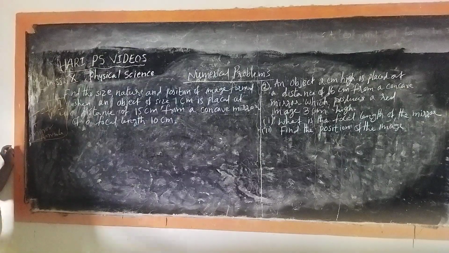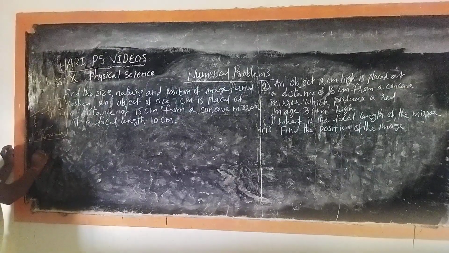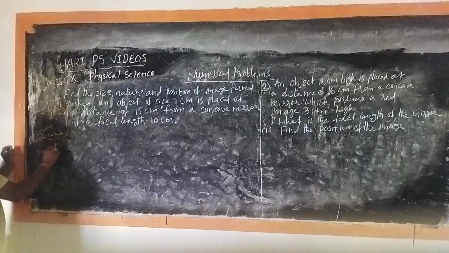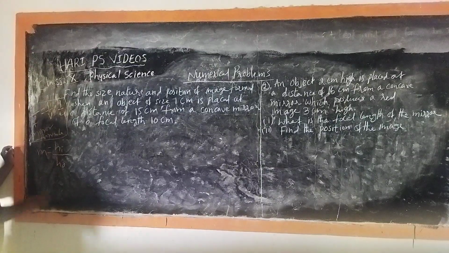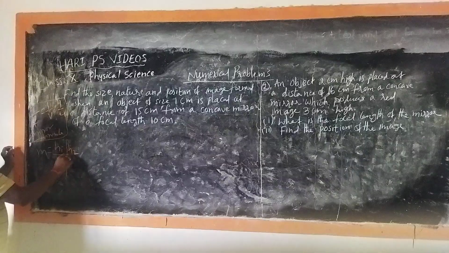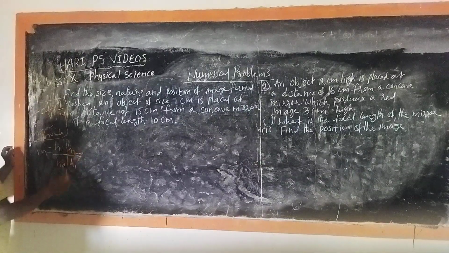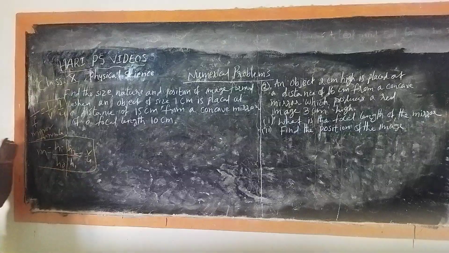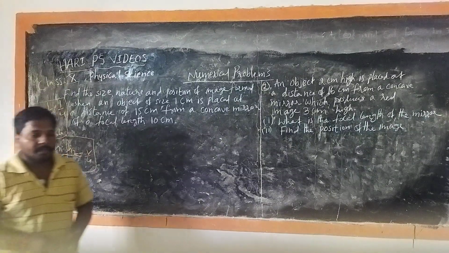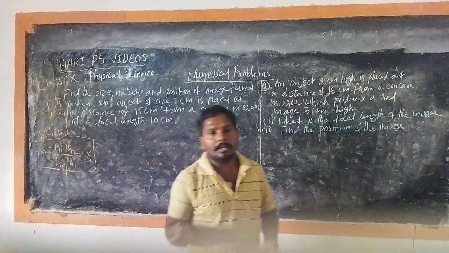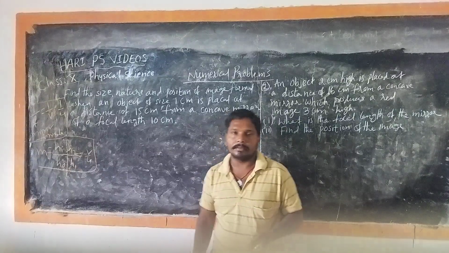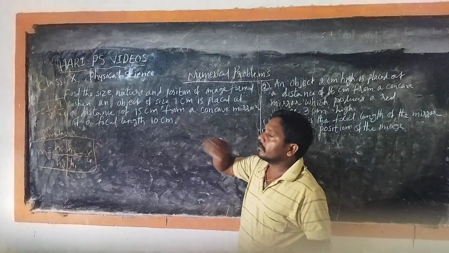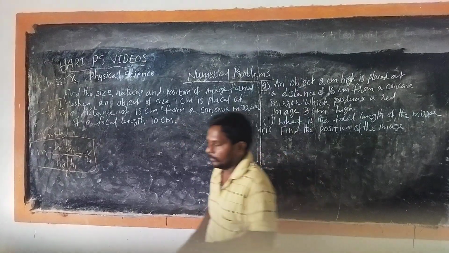Then magnification m is equal to height of the image by height of the object, or h2 by h1, that is equal to minus v by u. These are the two formulas, either for the convex mirror or the concave mirror. So let us solve the first problem.